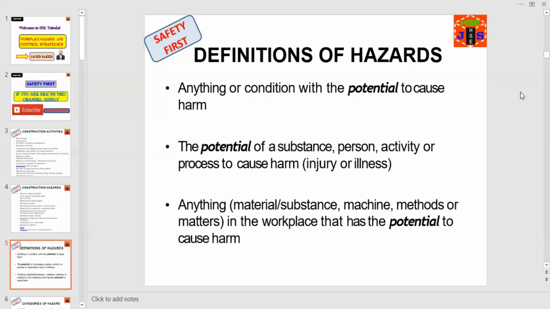Another definition: a hazard is anything, material, substance, machines, methods, or matters in the workplace that has the potential to cause harm. You can easily understand the meaning of hazard or the concept of hazard by these easy definitions of hazard.